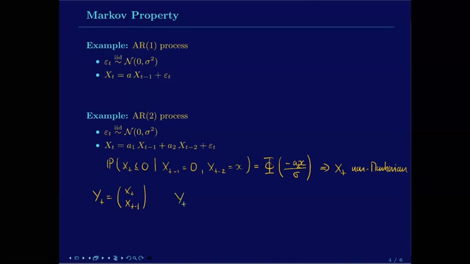Then we can write yt as a linear function of yt minus 1, namely the first line here will give us the equation for xt, with a1 and a2, where yt minus 1 consists of xt minus 1 and xt minus 2. So this here will be exactly this mean part of the equation.